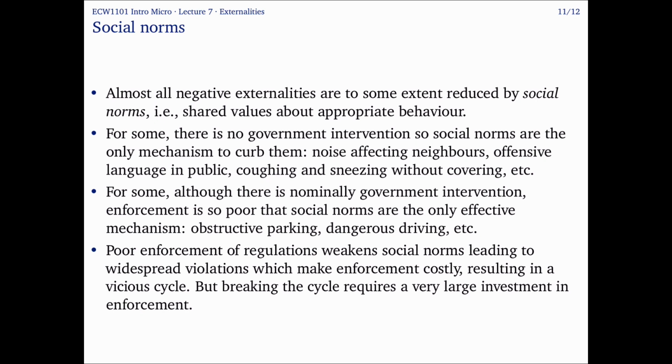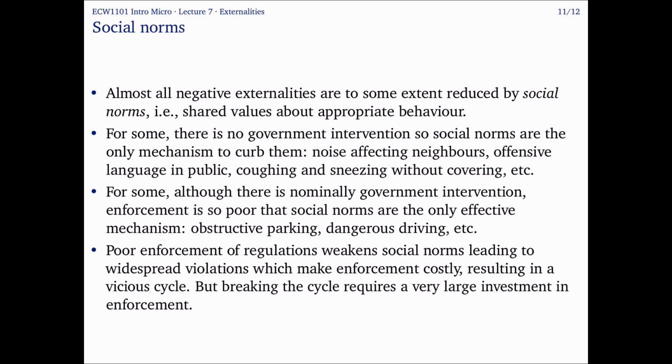But there is an interaction with government intervention. The interaction is this: very poor enforcement of regulation, in a way, sends a signal. It erodes the social norms, right? It's a virtuous or vicious circle, depending on which way.